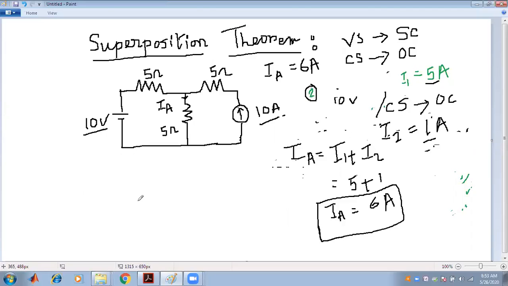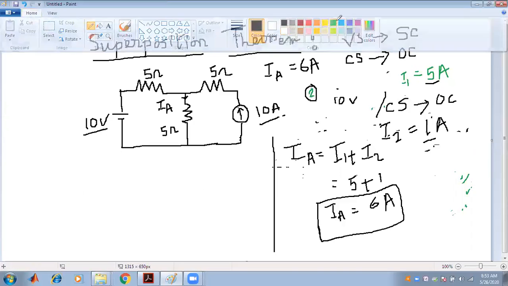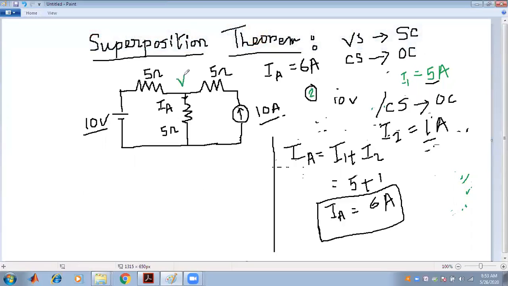Let's check that this answer is right with the help of nodal analysis. Here I have taken the node VA, the highest node. I am checking whether this answer is right or not. From the nodal analysis, the node A will be the highest potential VA, and all the currents must be leaving from that node. So this one is IA and this one is IB.